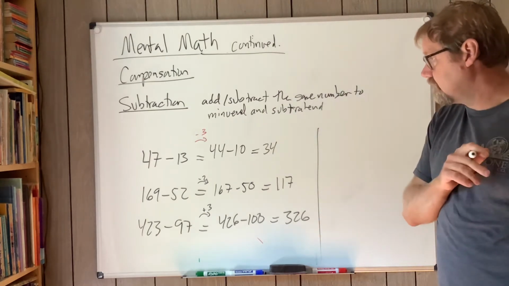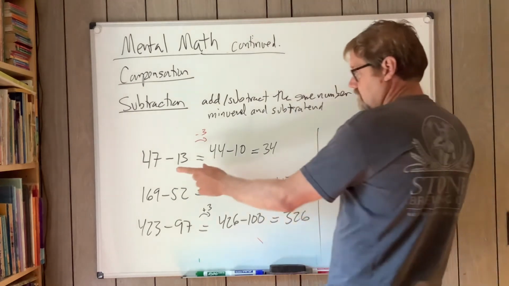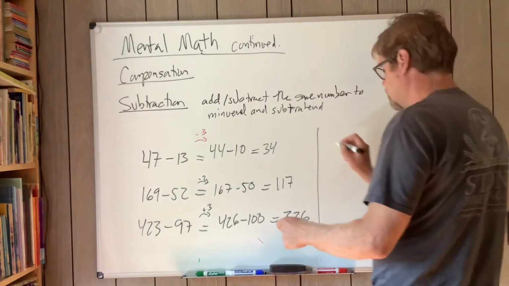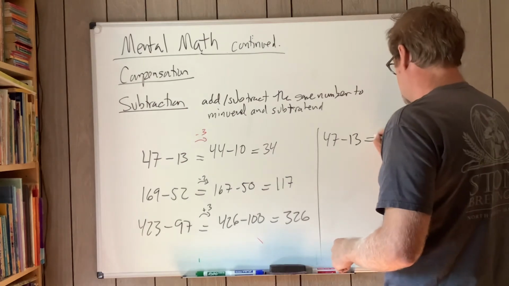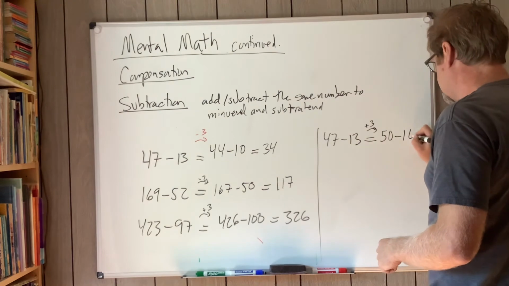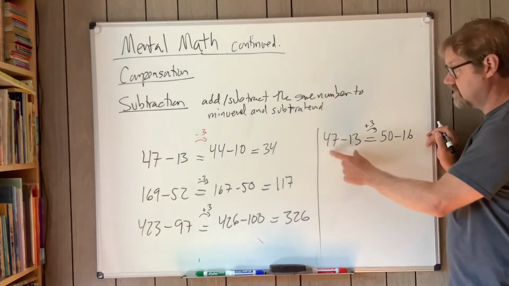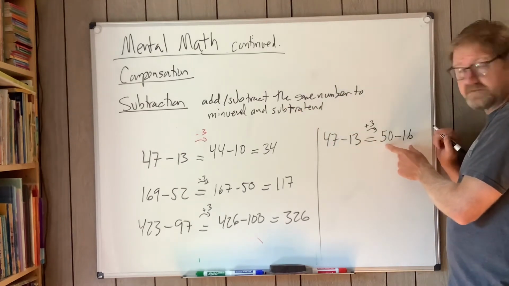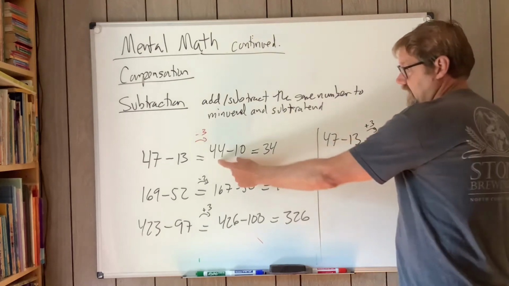And then before I leave this, let me just point this out. This is another common thing. I might look at that and go, oh, well, this is almost 50. So let's say I add 3 to get 50 minus 16. This is correct in terms of using compensation. The question is, is this thing any easier to do than that?